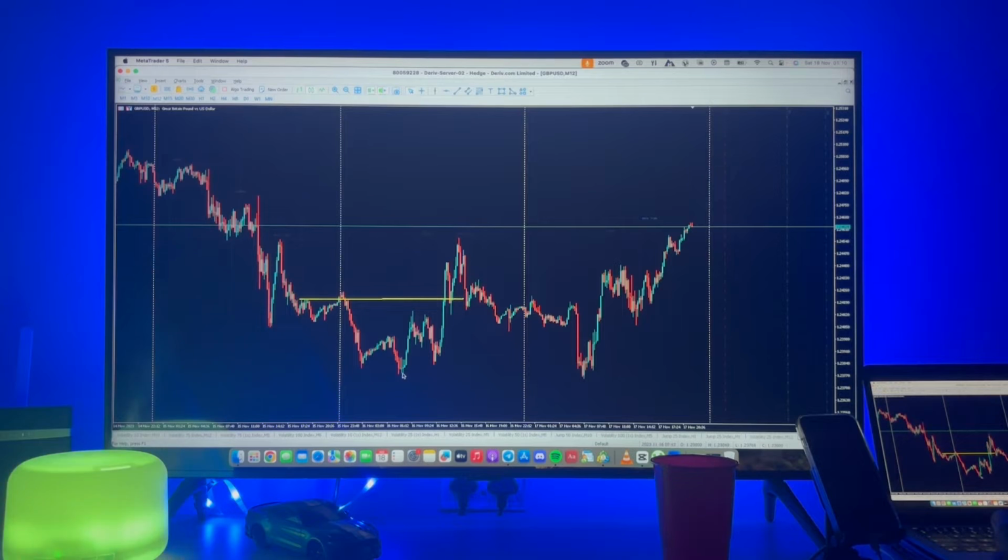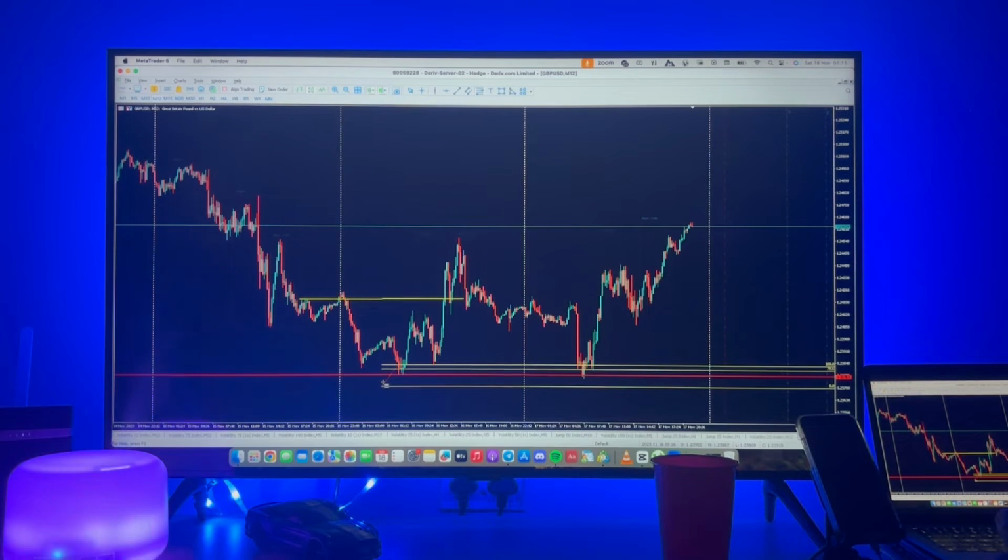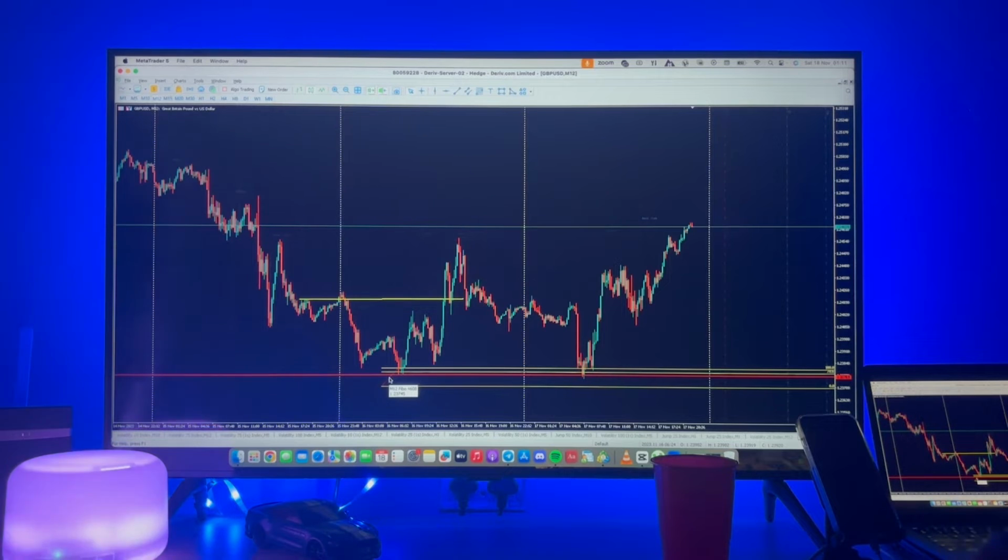So as you can see here, this was the Tokyo low, and we also want to use our Fibonacci tool so that it helps us to easily spot this level. The tool is not really that significant, but it makes it easier for us to spot that level.